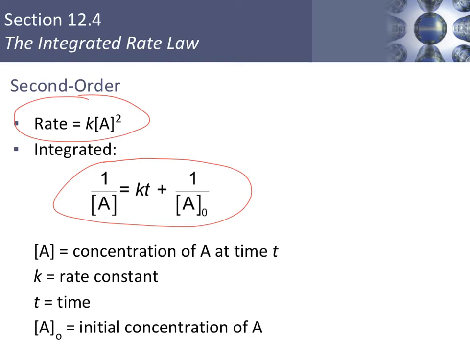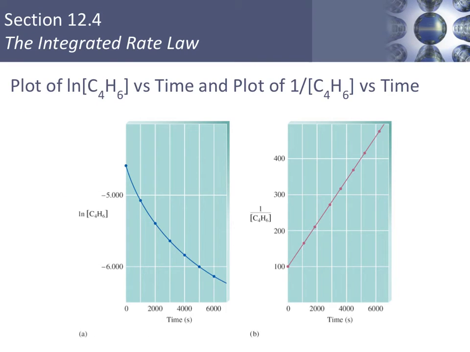So now if you think about this equation in terms of y equals mx plus b, we would want to plot 1 over the concentration of A on the y-axis and time on the x-axis. The slope would be equal to the rate constant k, and the y-intercept would be 1 over the initial concentration of A. So for a second order reaction, 1 over the concentration of the reactant versus time will produce a straight line.